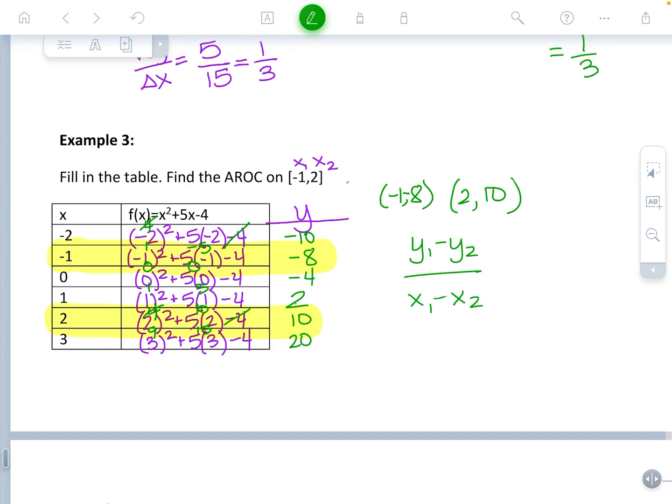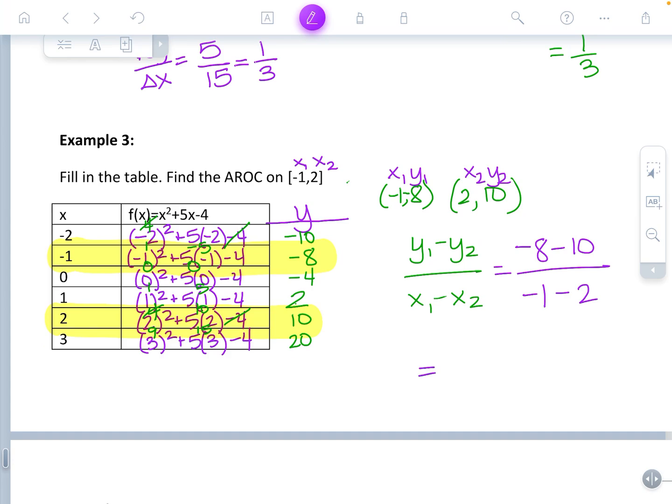I need to figure out what my y1s and stuff are. So I'm going to write xy, xy, and pick one of them to be the first point and the other one to be the second point. Then we're going to put in negative 8 minus 10 over x1, which is right there, negative 1 minus 2.